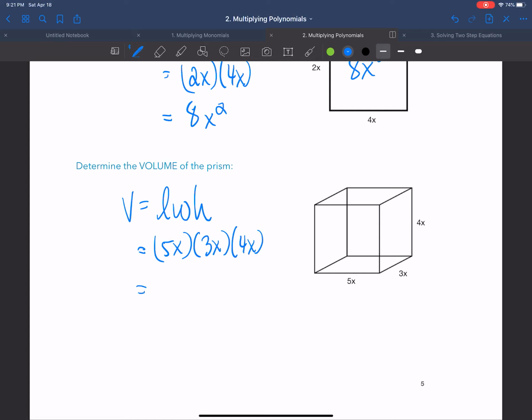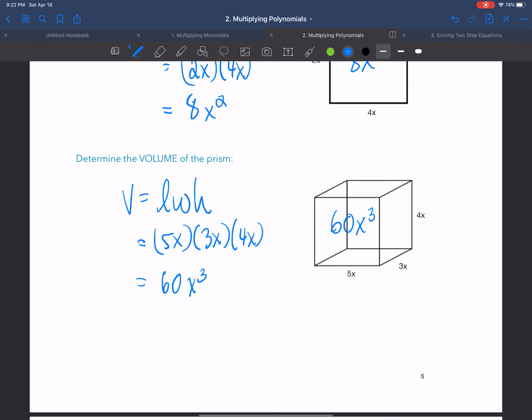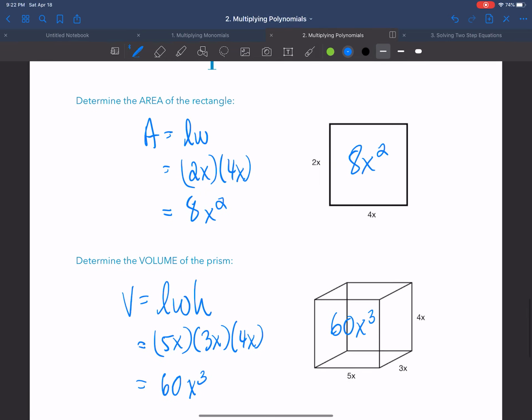So number times number times number in this case, and letter times letter times letter. 5 times 3 is 15, times 4 would be 60. X times x times x is x cubed. So the volume of this shape here is 60x cubed. Okay, it's just a visual of what these things would look like.